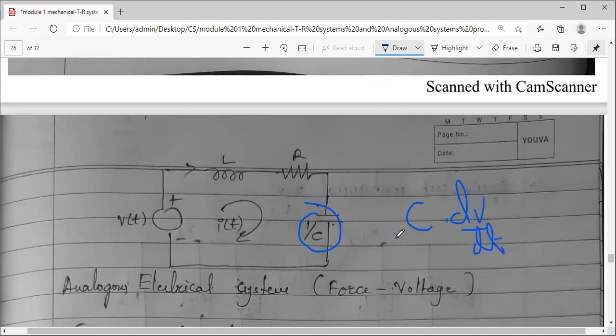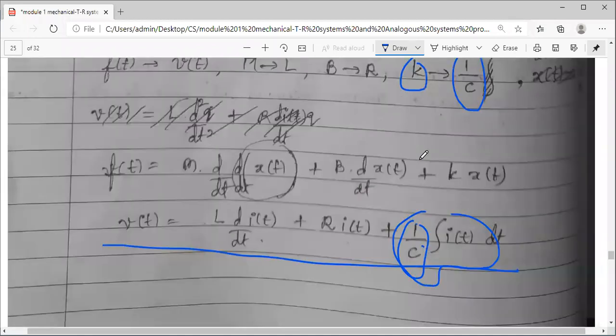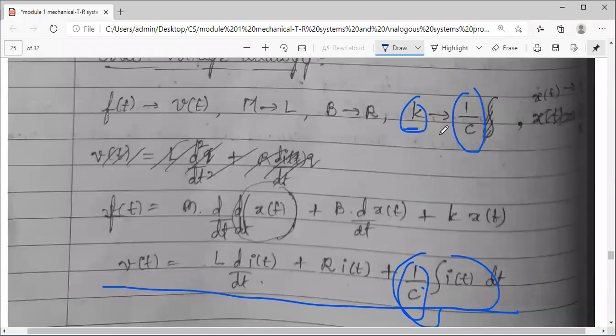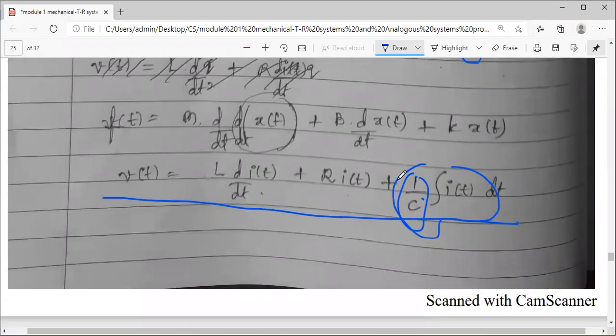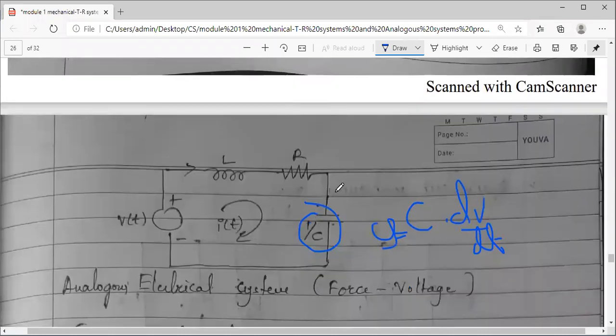You know this already, the charge Q is equal to C times V, and the current is C dV by dt. So actually K is replaced by 1 by C. However, the element itself is the capacitance, so it would be better if I simply write C instead of 1 by C.